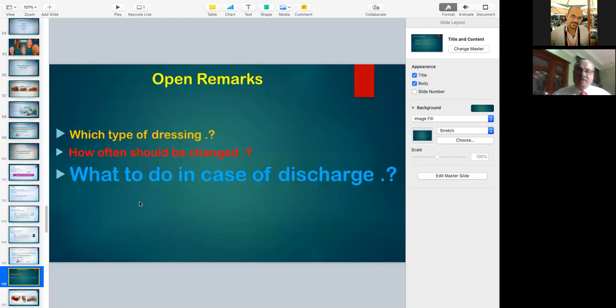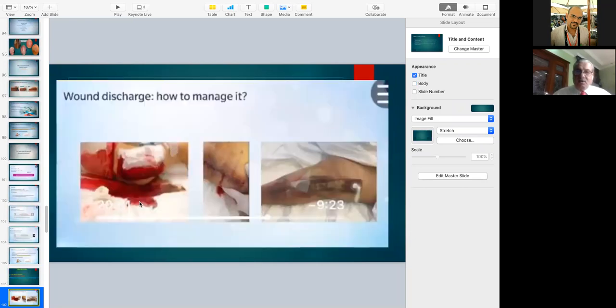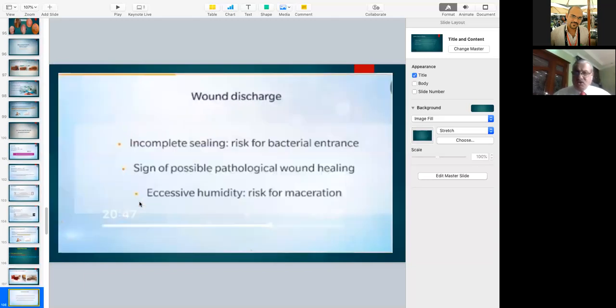Now, the third remark. What to do in case of discharge? This is important for us when we, in the ward, see the discharge from the wound: how do we manage? Why are we worrying about this? Because wound discharge means incomplete sealing and the risk of bacterial entrance.